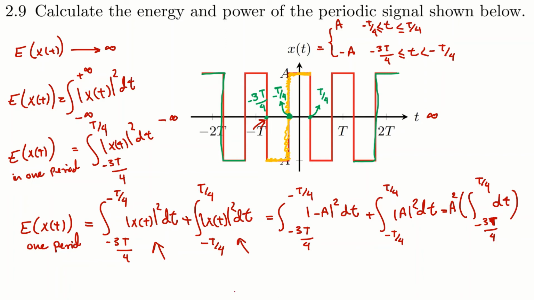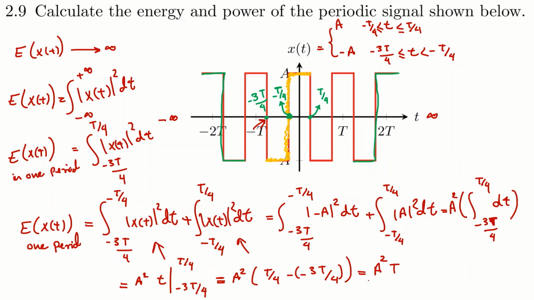This equals A squared times t, because the integral of dt is t, from minus 3T over 4 to T over 4. If I calculate this, we have A squared times T over 4 minus minus 3T over 4, which equals A squared times T. So this is the energy in one period.